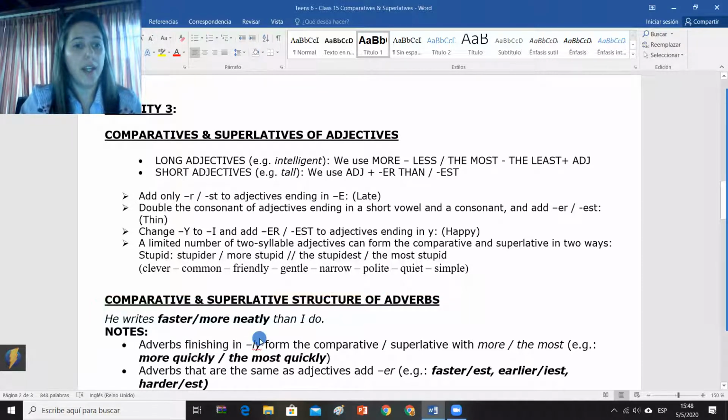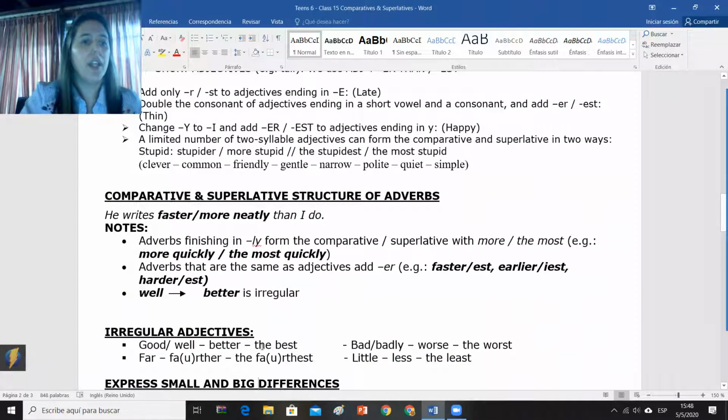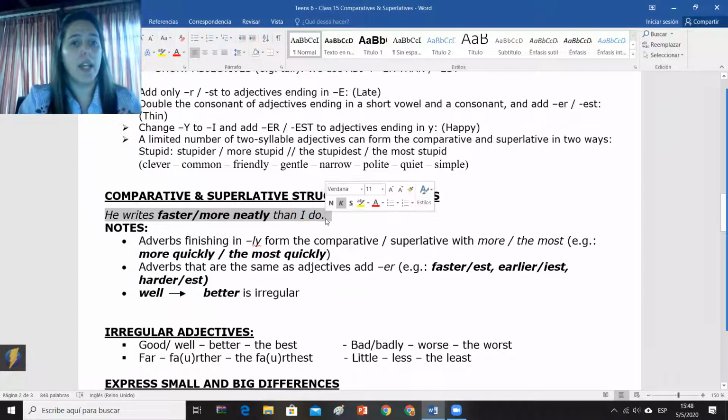So we have one example there: He writes faster or more neatly than I do. You are modifying the way you write, or the way he writes. Faster or more neatly, neatly es prolijo.